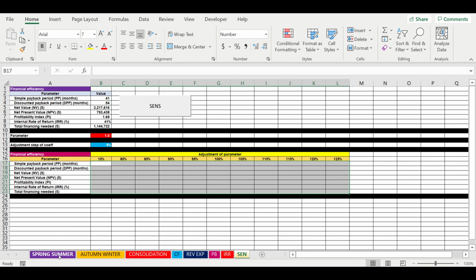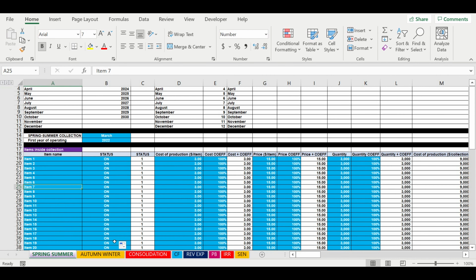So let's start from the very beginning. First of all, if you have some business idea about a store, you may have two collections. For example, one of them is spring summer and the second one is autumn winter, and you start describing the revenue of each collection.